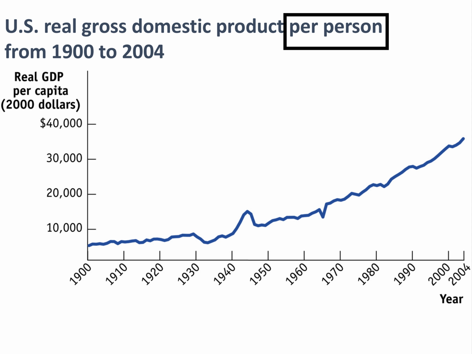So we adjust everything to a constant dollar amount to get rid of that inflation. And then once we have our gross domestic product adjusted that way, we divide by the population. So we still see an upward trend, and we see a big bounce in the mid-1940s.